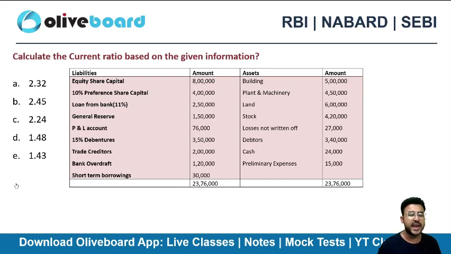So here we have a format of balance sheet. We need to calculate the current ratio here, right? Can anyone tell me the formula of current ratio? Very simple one. What is the formula of current ratio, guys?